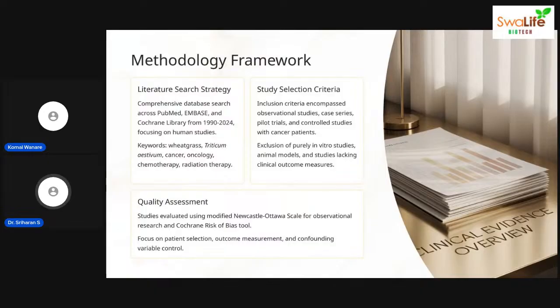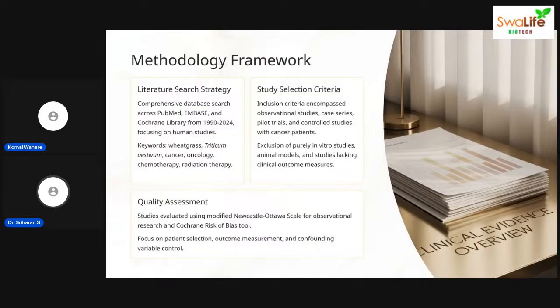Another thing is quality assessment. Quality assessment is very, very important. In quality assessment, we are evaluating the patients and how to select them. The Newcastle-Ottawa scale is an important scale. Why I am saying this: this scale is used to assess quality and risk of bias. For nutraceutical herbal products, studies are mostly non-RCT, meaning they do not follow the randomized controlled trial.